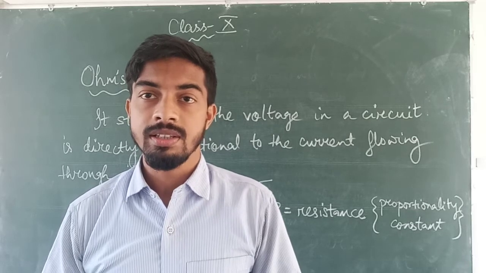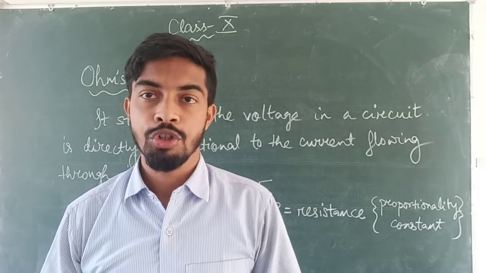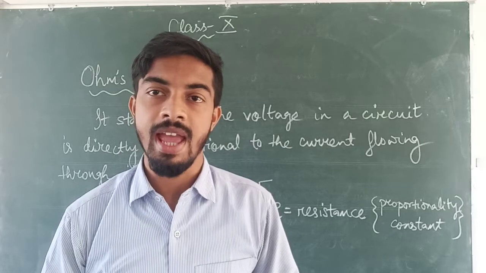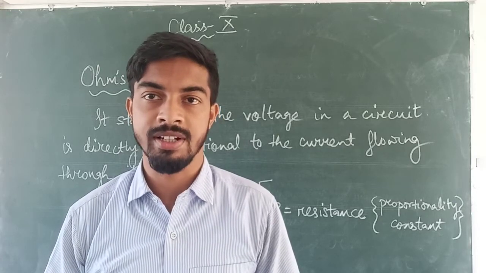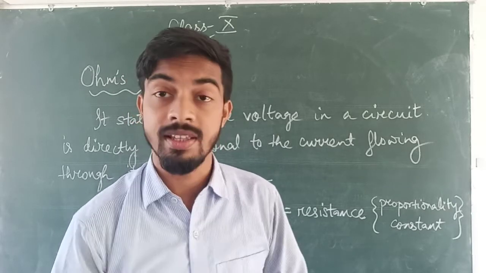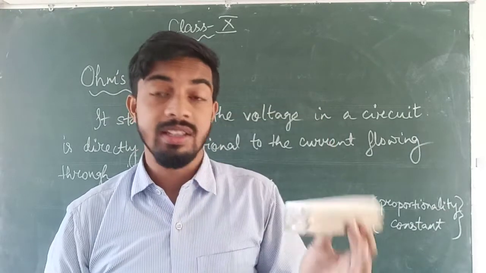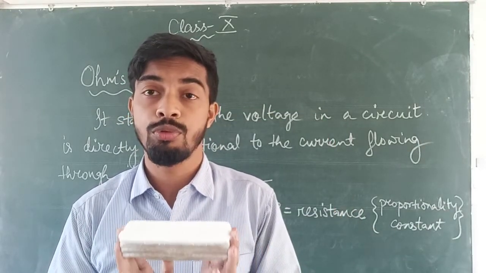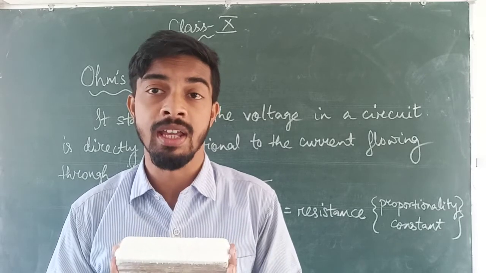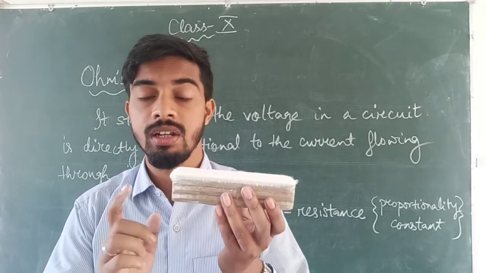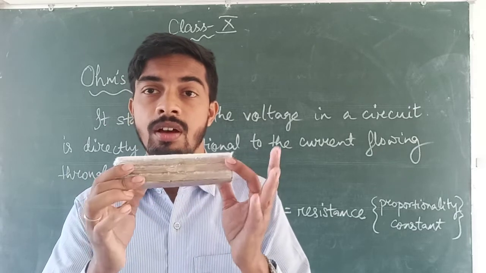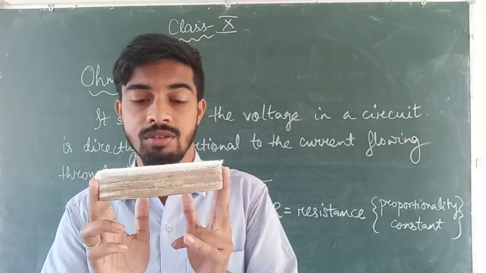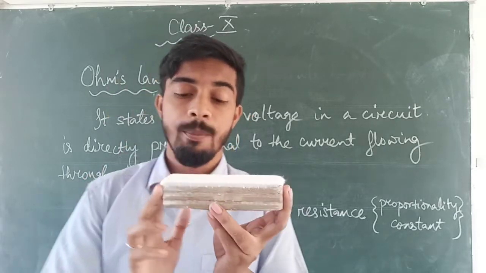In metals, the resistance is less, so electrons can flow easily and hence it can conduct electricity. But in non-metals like this duster, like this wood, the opposition to the flow of electrons is very high. So electricity cannot pass through the wood.